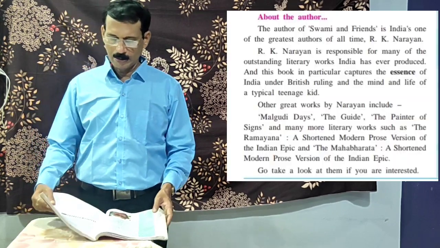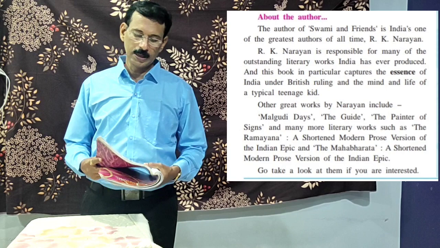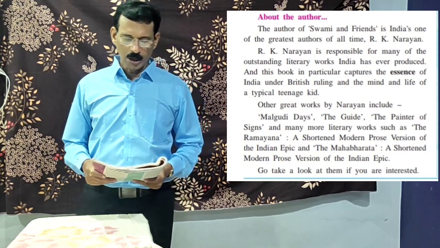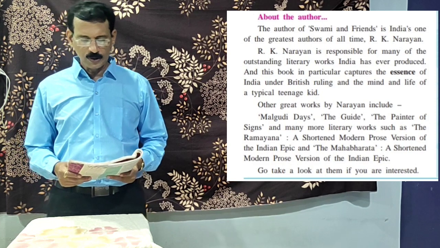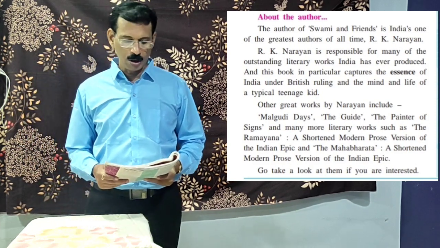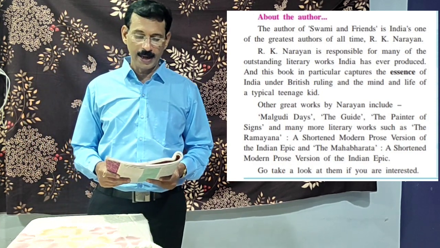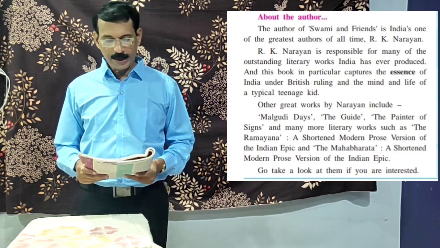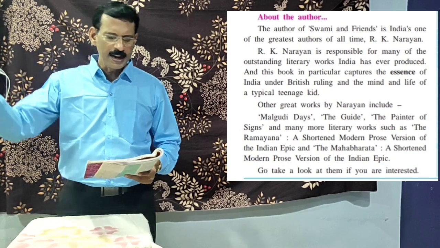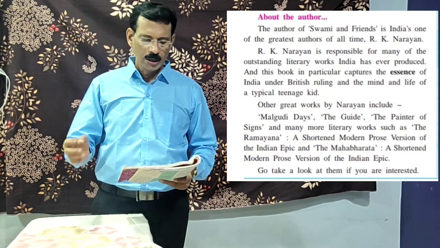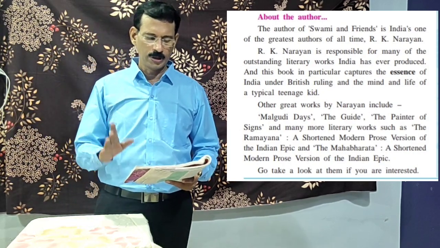This is the last paragraph of this lesson. The author of Swami and Friends is one of India's greatest authors of all time, R.K. Narayan. R.K. Narayan is responsible for many of the outstanding literary works India has ever produced.